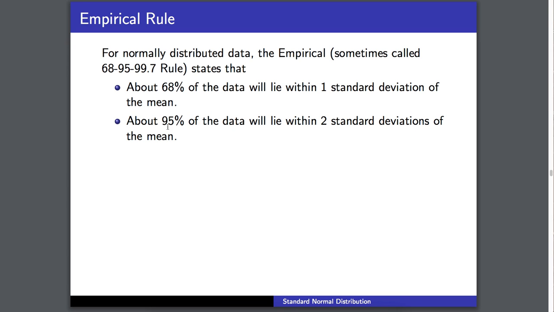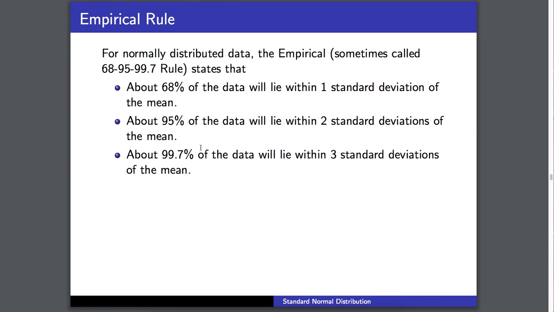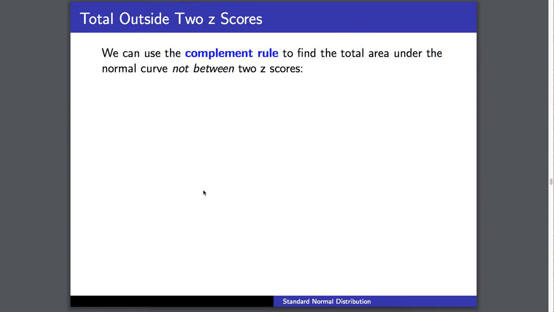About 95% of your data is within 2 standard deviations of the mean, so between z equals -2 and z equals +2. And then about 99.7%, so just about all of your data values, are going to lie within 3 standard deviations of the mean, which is -3 to +3 for our normal distributions here.